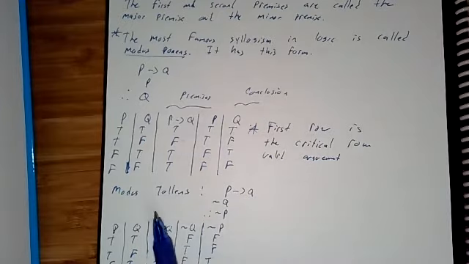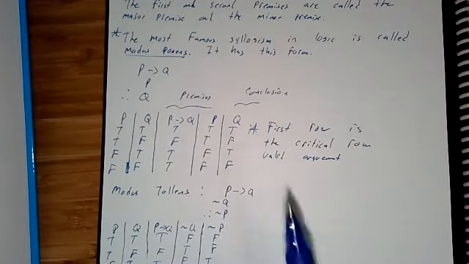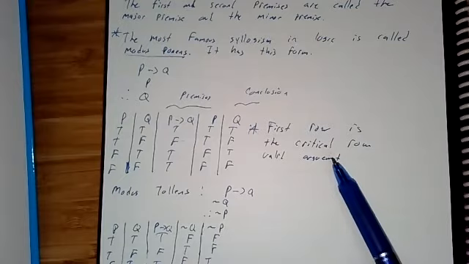Modus tollens also means the method of denying. So you're trying to deny something. You start with two things that are false, and you try to show that your argument is valid. So this argument is valid, and so is this one. You're basically denying.